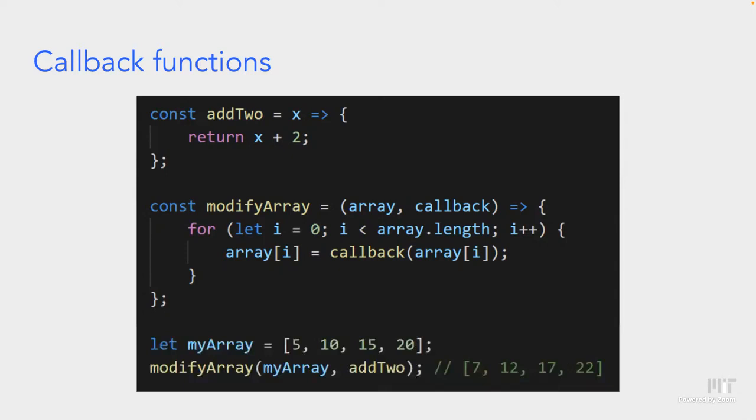Now if we call modify array with the array down there, 5, 10, 15, 20, and also add two, then you're iterating through the array, and calling the add two function on each element in that array. So what this does is it adds 2 to each element. That's why you would get 5 plus 2, which is 7, 10 plus 2, which is 12, and so on.